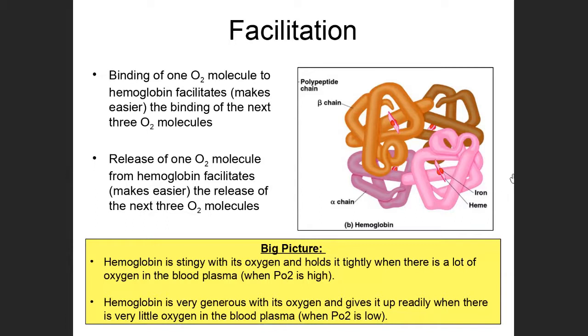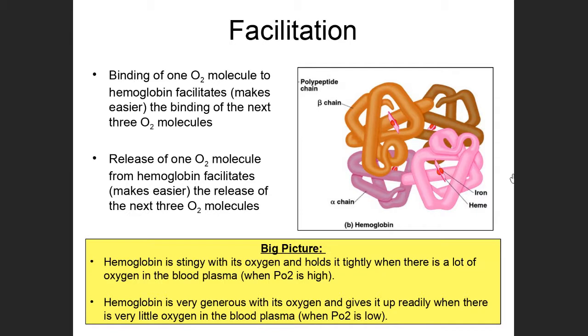What that means, in effect, is you can have a hemoglobin molecule that's saturated, meaning that all 4 of its binding sites are bound to oxygen. You can have a hemoglobin molecule in a red blood cell that has none of its binding sites bound to oxygen, or you can have a hemoglobin molecule that has some of its binding sites bound to oxygen, which in that case is known as a partially saturated hemoglobin molecule.